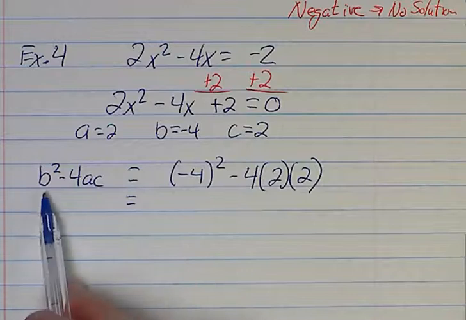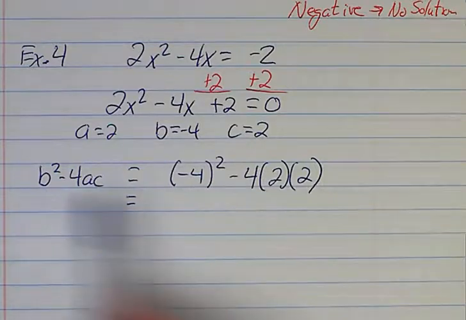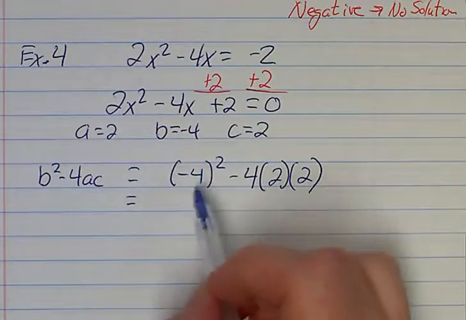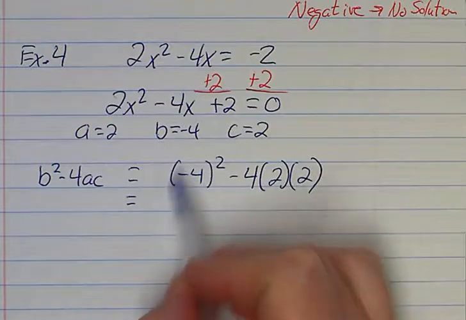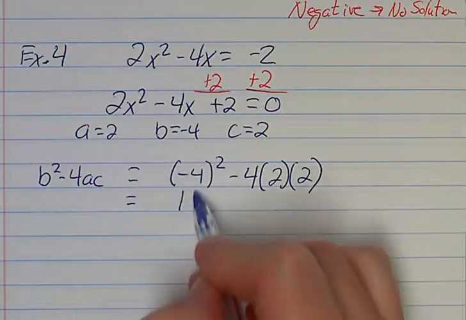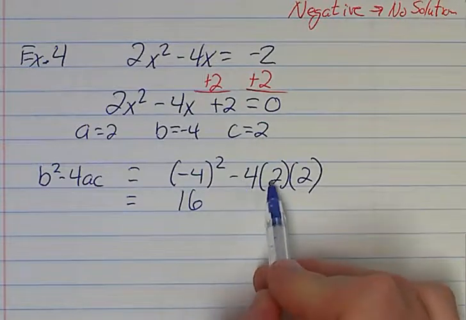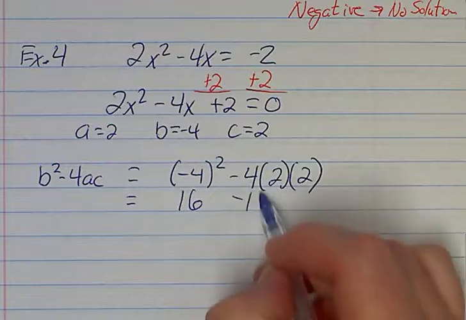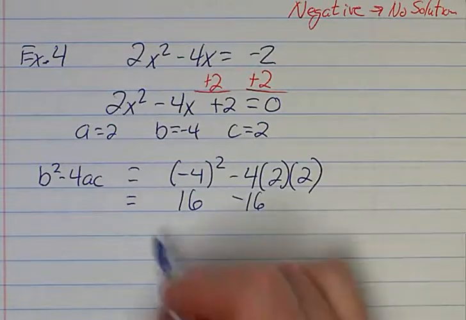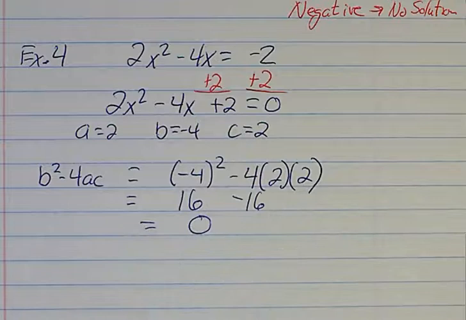And the thing about b squared, the first number always has to be a positive number, even if it's, in this case, a negative. If you square a negative number, it's going to make it positive. So it's going to be 16. -4 times 2 is -8. -8 times 2 is a -16. So if you do 16 minus 16, that is 0.